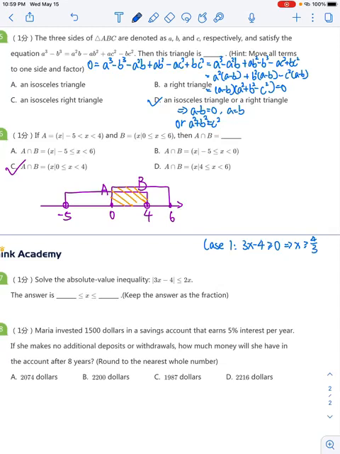Because only like this, we can just remove the absolute value sign, and we will have 3x minus 4 is less than or equal to 2x, or x is less than or equal to 4. So now if we combine these two ranges here, we will have x larger than or equal to 4 over 3, but also less than or equal to 4. Alright, so this will be the first case.